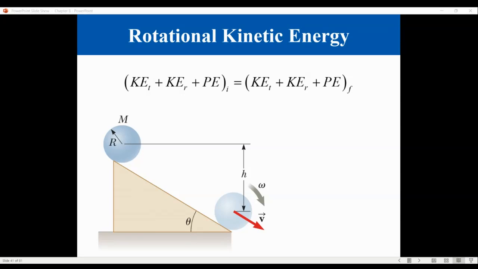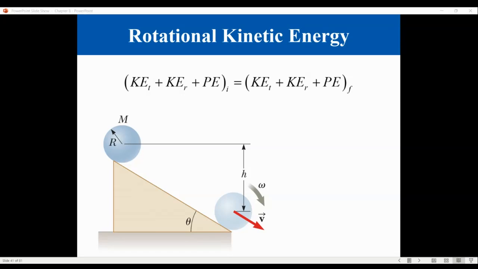So the ball's at rest, like I said, or the sphere, rather. At point A, or the initial point, the ball only possesses potential energy, right?